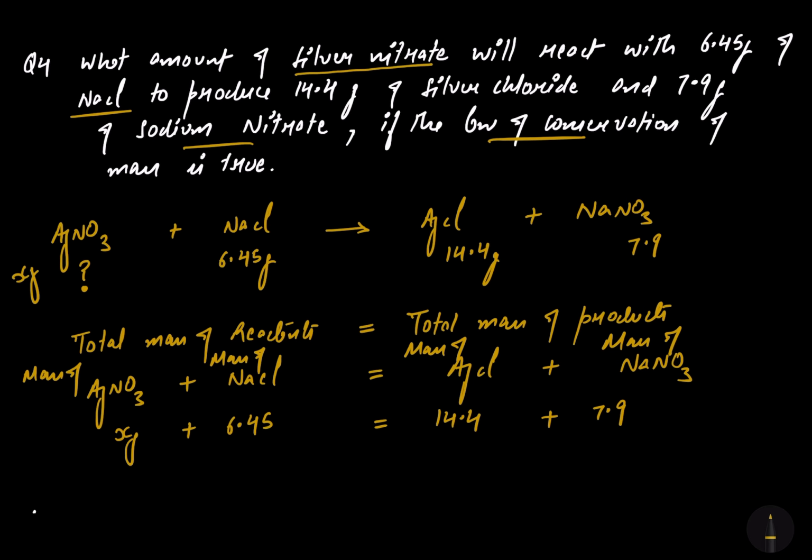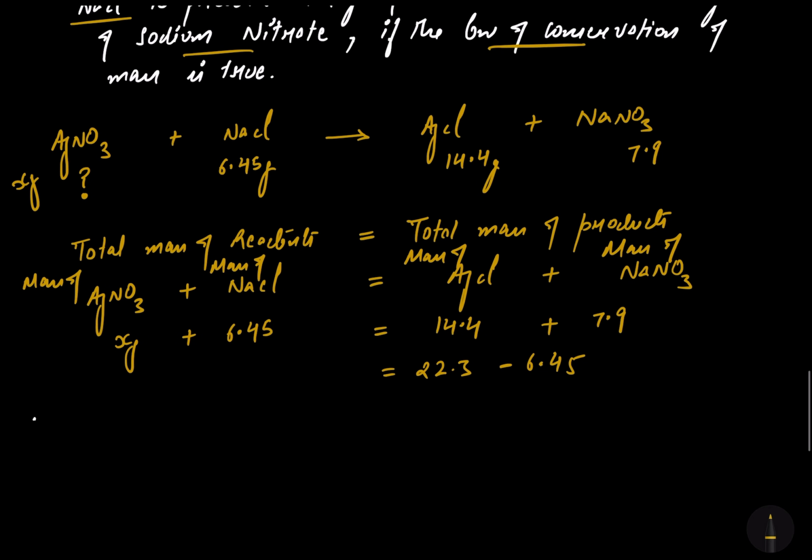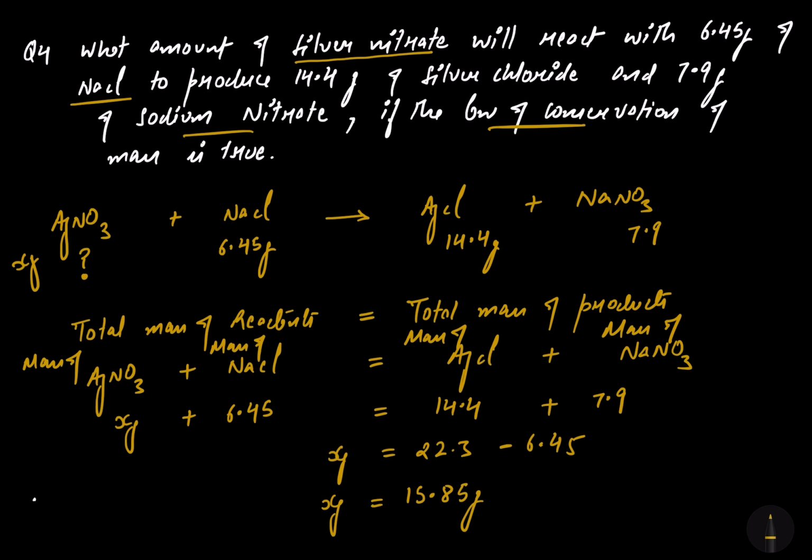It's 14.4 plus 7.9 is 22.3, minus 6.45. My x grams comes out to be 15.85 grams. So that was my fourth numerical.